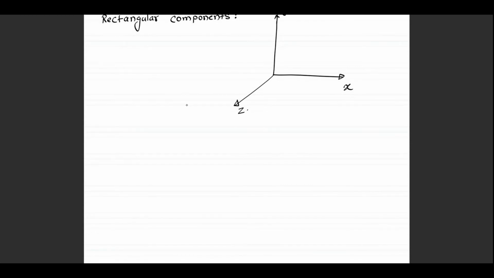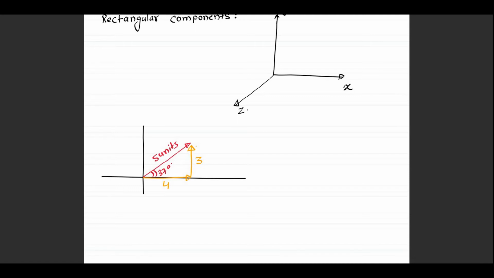Now, suppose I want to resolve a vector in its rectangular components. Say it is in xy plane, 5 units. Say this angle is 37 degrees. If I break it into components, it will be like this. 5 cos 37, this will be 4, this will be 3.